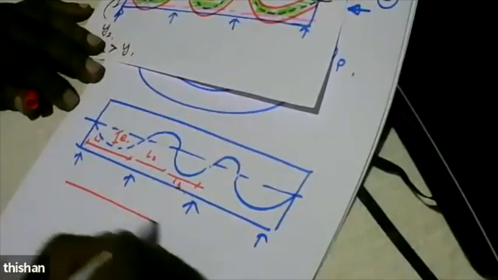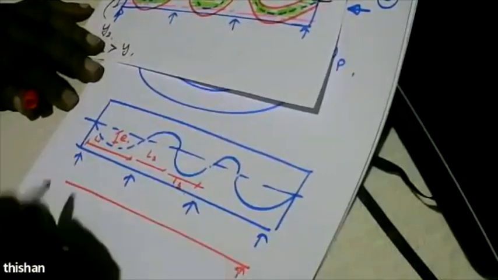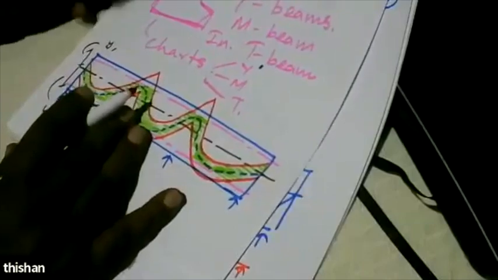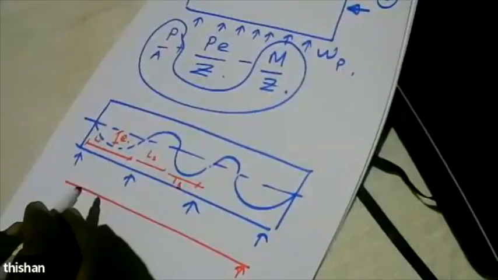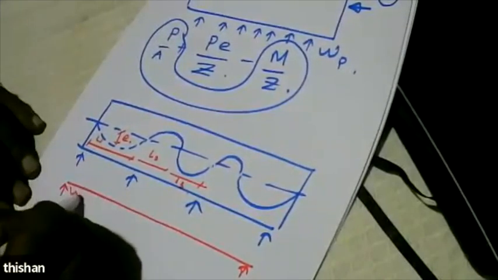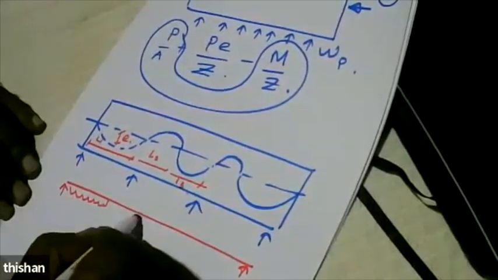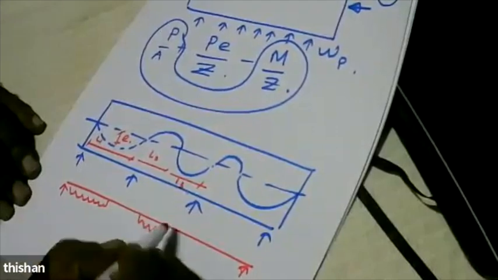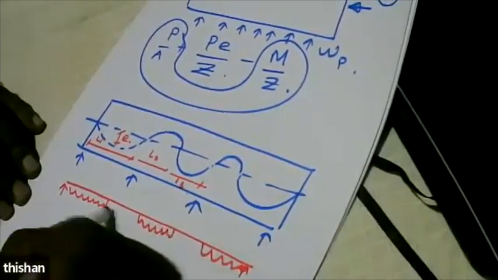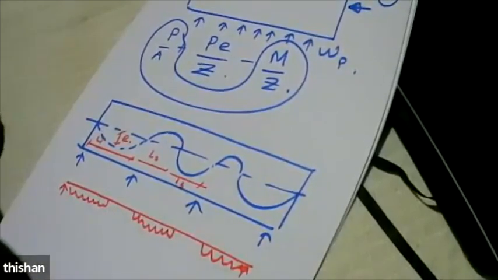So that means if you take this beam now and remove these two supports, this portion is loaded upwards. This portion is loaded upwards. This portion is loaded upwards. And mostly it is loaded upwards.